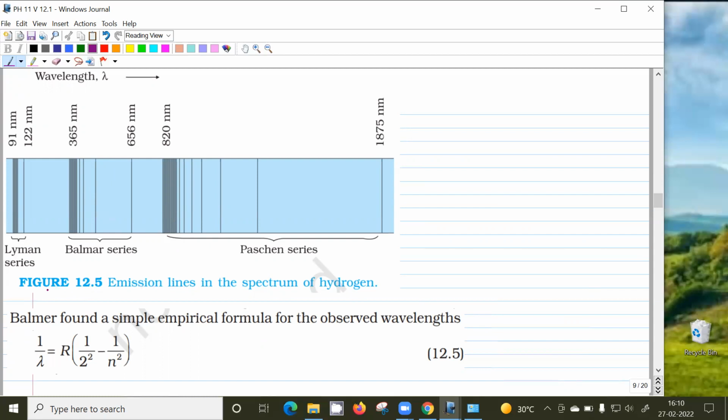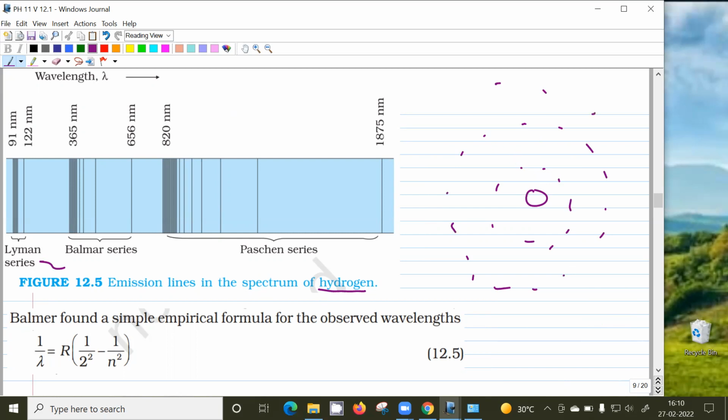And what is the Lyman series? You should be knowing, right? This is a spectrum of the hydrogen atom. There will be different shells of electrons.